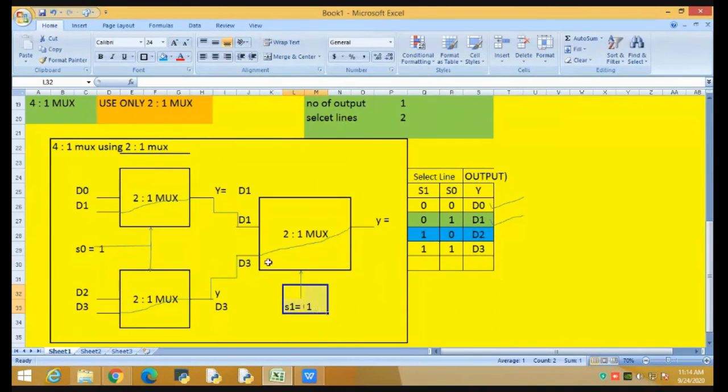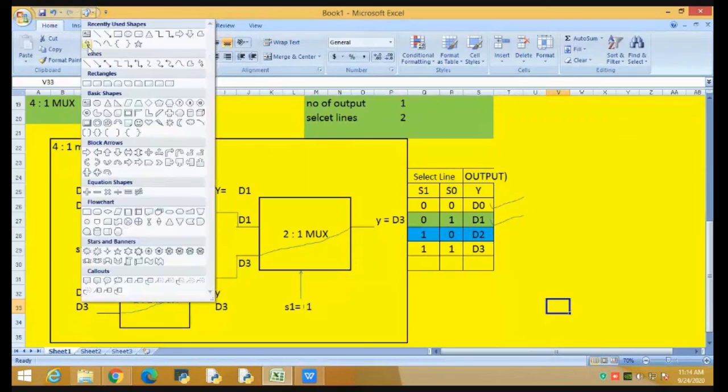Because of S1, the second line is connected to the Y. So D1 is not connected to Y, and D3 is connected to Y, so the output we get is D3.